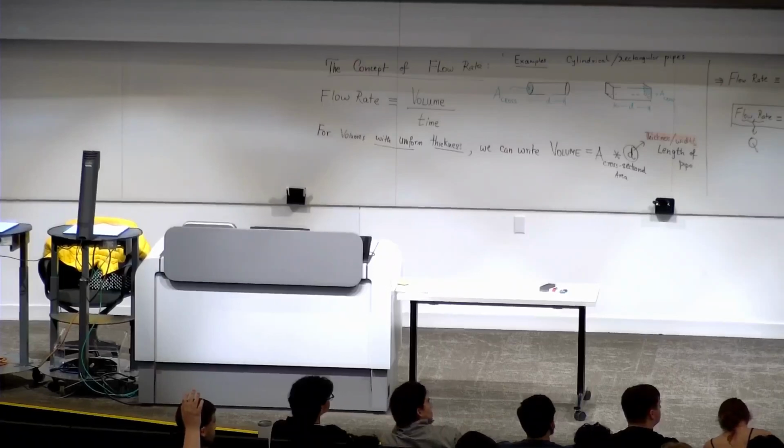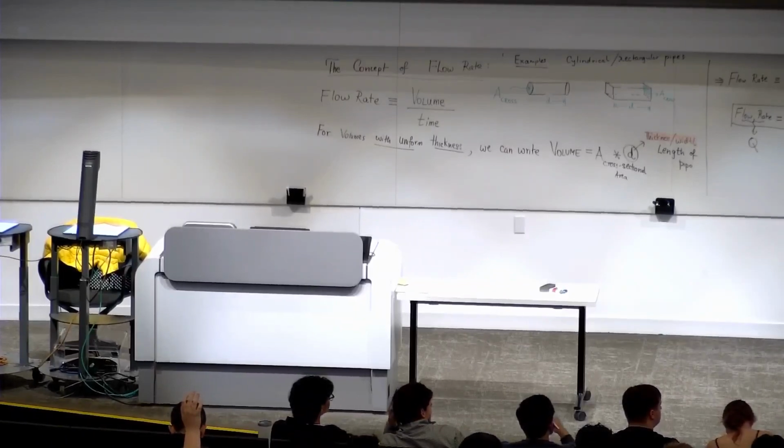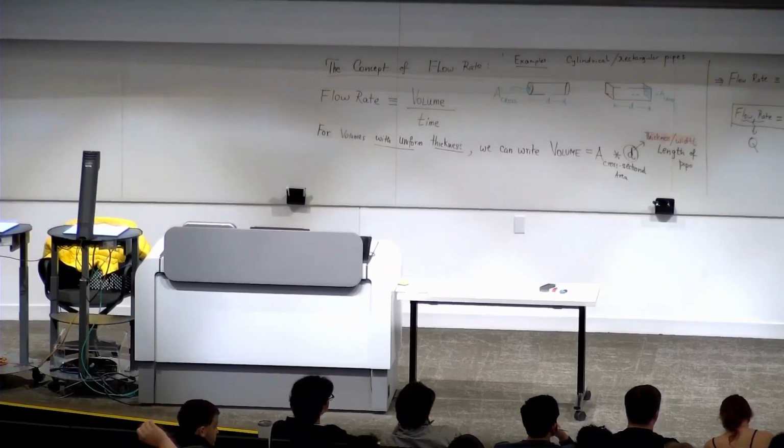This does not mean that the velocity is the same at all other points. But now you can intuitively answer the question: if flow rate is constant and the pipe's diameter increases, what will happen to the speed? Decrease.